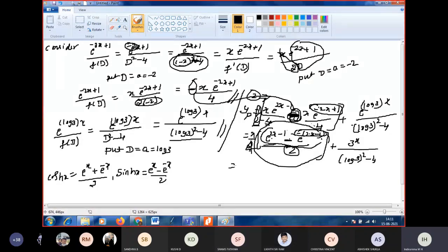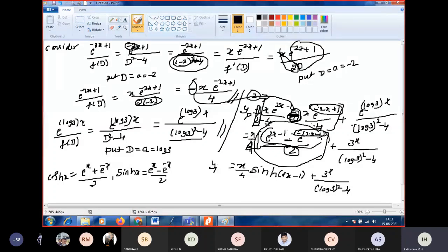So that is x by 4 into sin h of 2x minus 1, plus 3 power x by log 3 whole to the power of x minus 4. This is our yp.